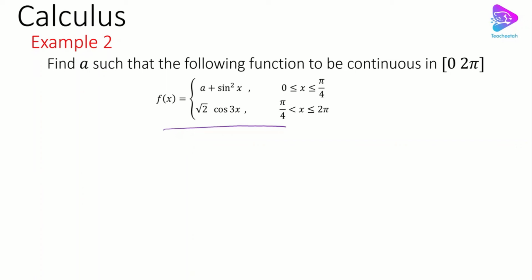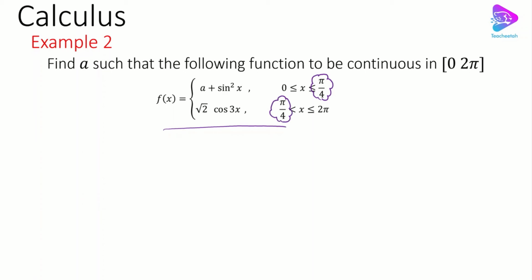So in order to investigate this continuous function, we have to look at the point in which we have the possibility of discontinuity. And that value is pi over 4.